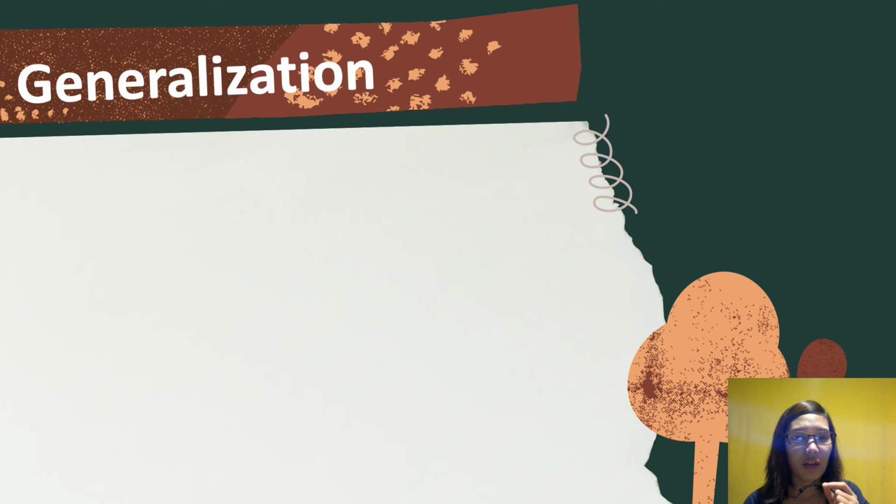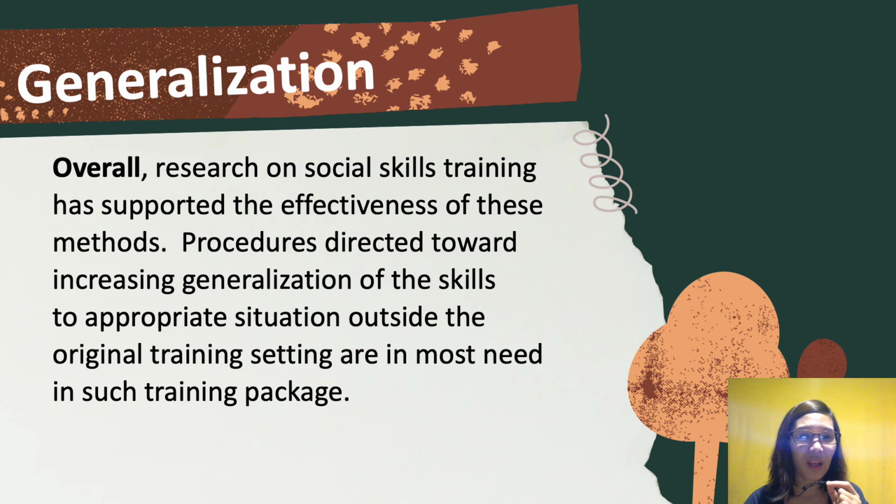Okay, let's now go to the generalization. We are almost over. Overall, research on social skills training has supported the effectiveness of these methods. Procedures directed toward increasing generalization of the skills to appropriate situations outside the original training setting are in most need in such training packages.